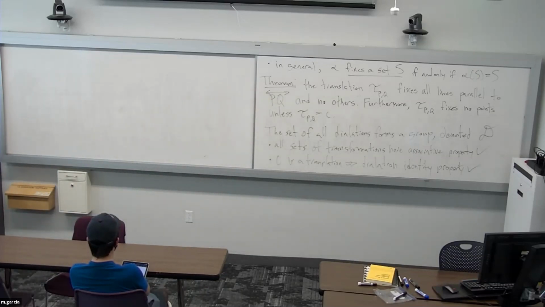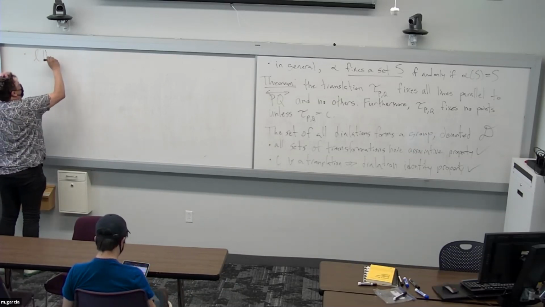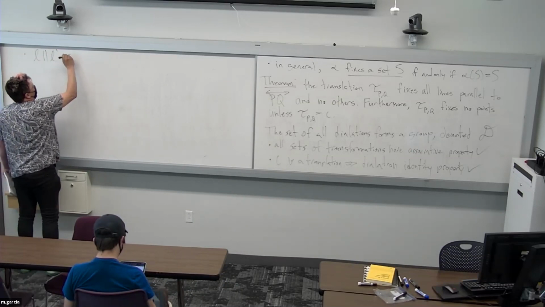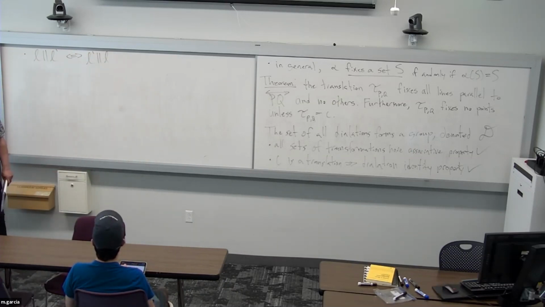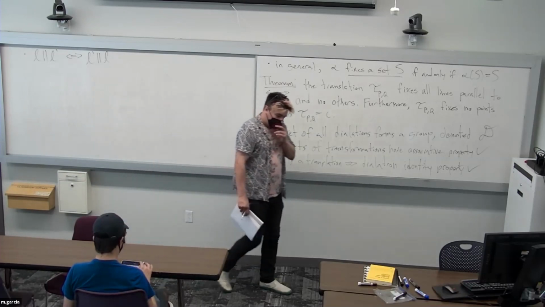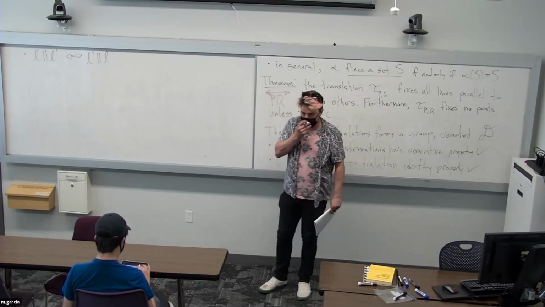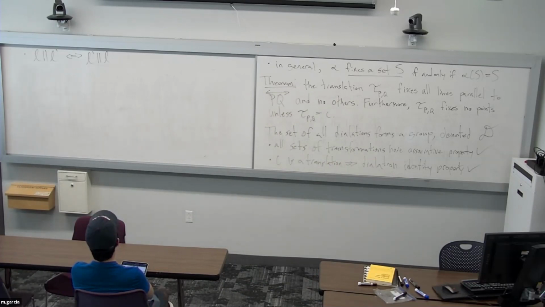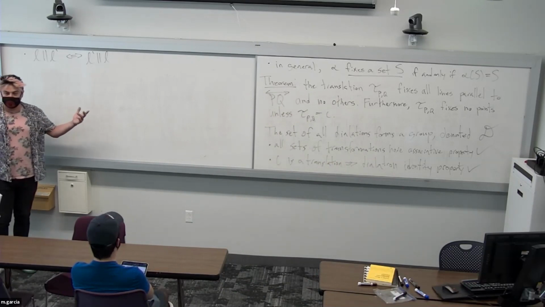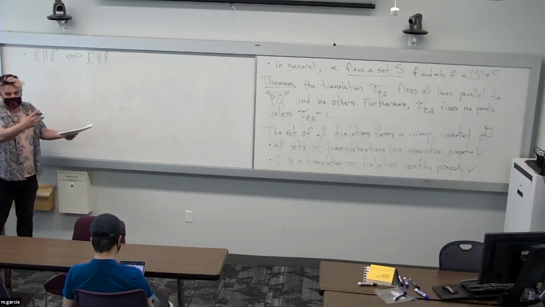So this basically boils down to the fact that if L is parallel to L prime, then we necessarily have L prime is parallel to L. To construct the inverse of some dilation, we know an inverse exists because it's a transformation.